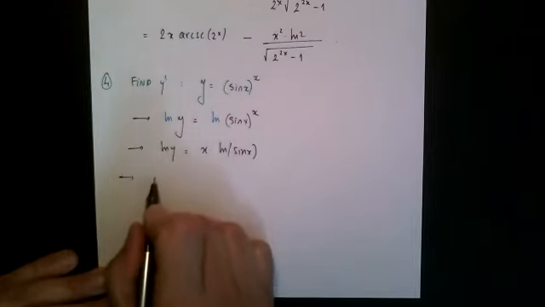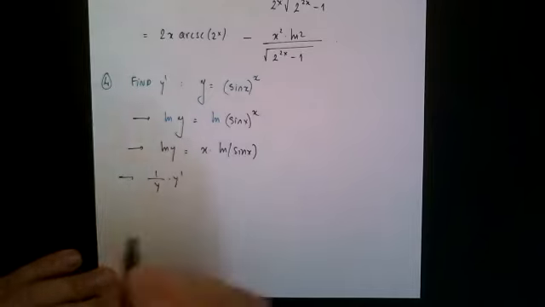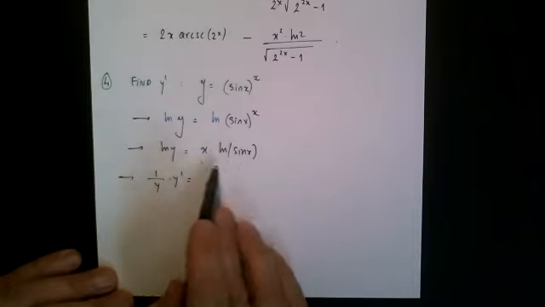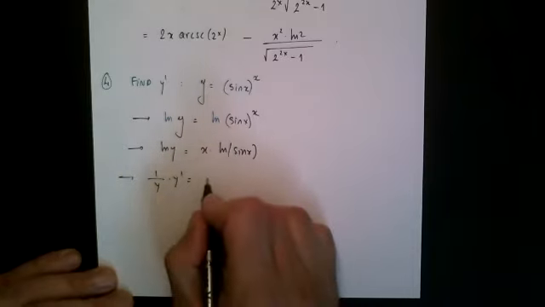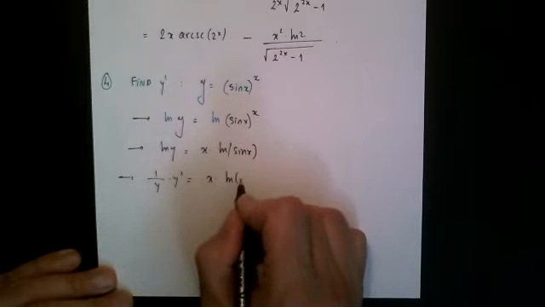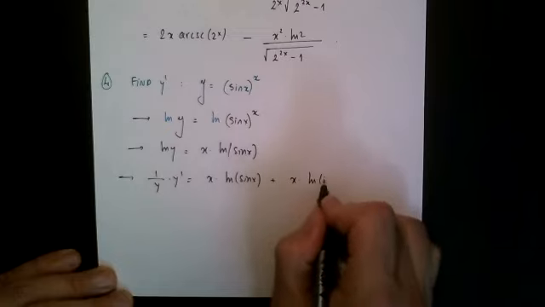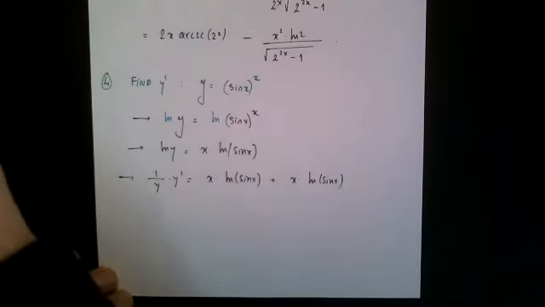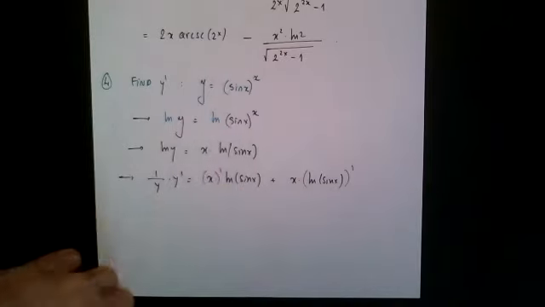The derivative of ln y is 1 over y times y prime equals, and here I have a product rule. So x times ln of sine x, u prime v plus u v prime.